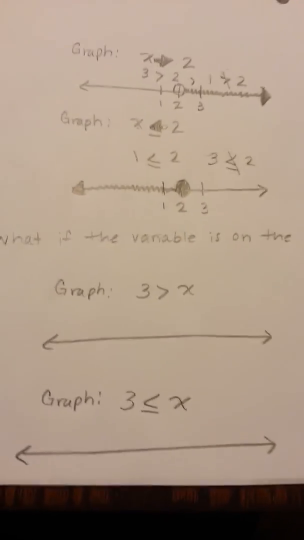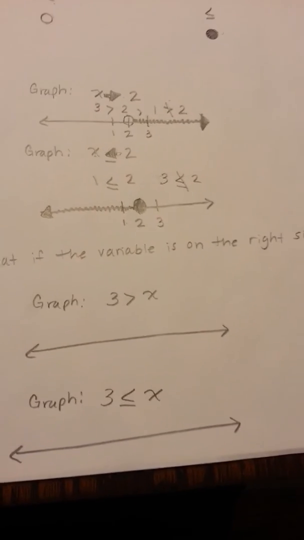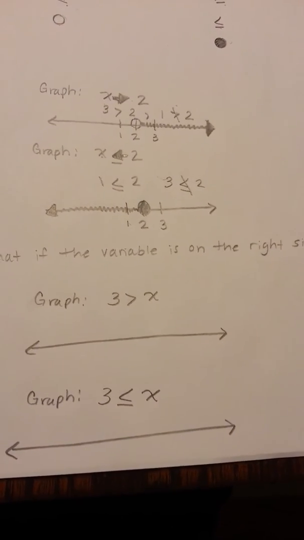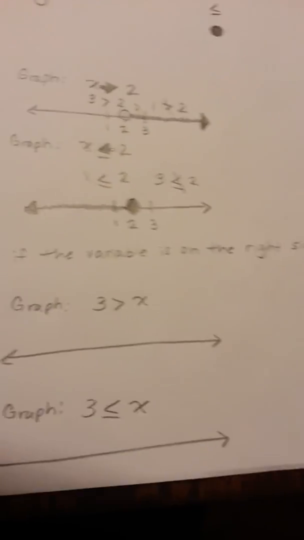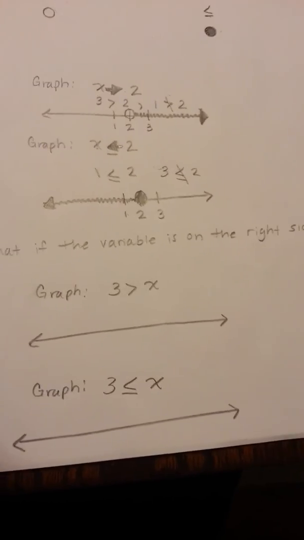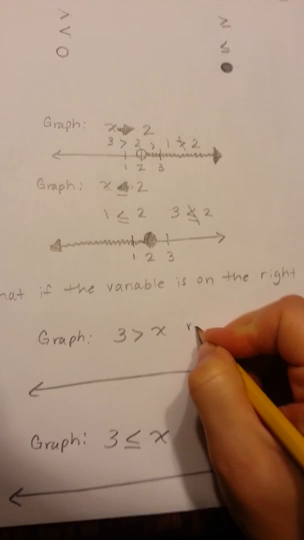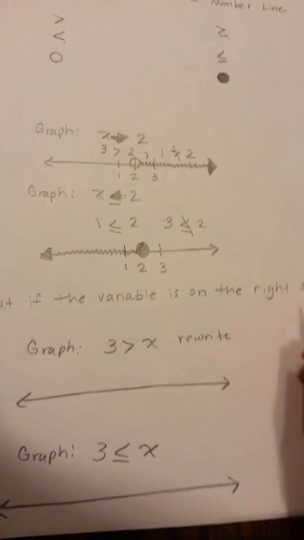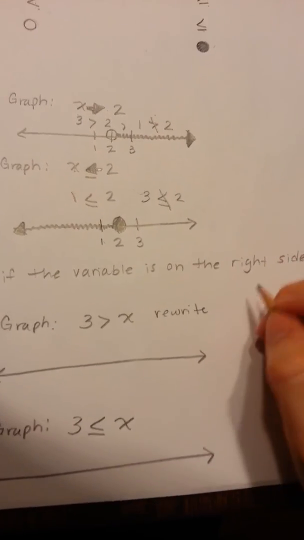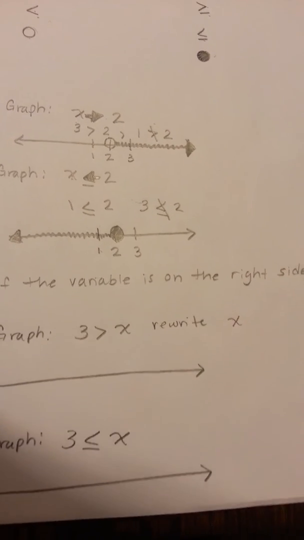All right, now let's take a look at what would happen if the variable were on the right side. If the variable were on the right side, the first thing I'm going to recommend that you do is to rewrite it with the variable on the left side, as we like to have it.